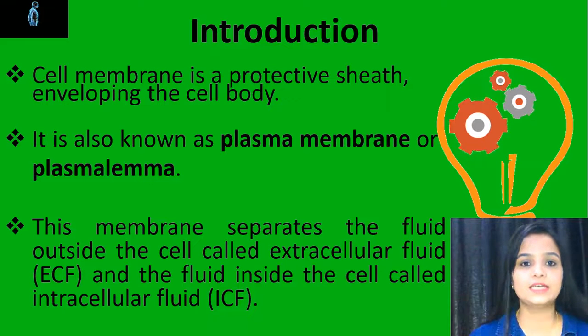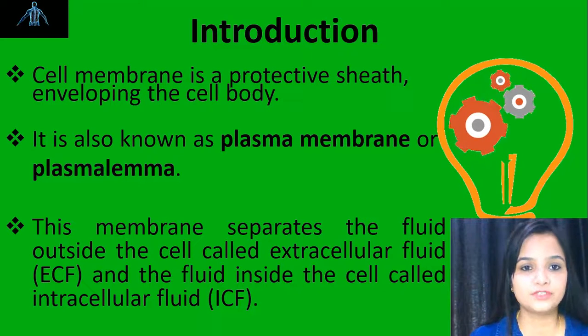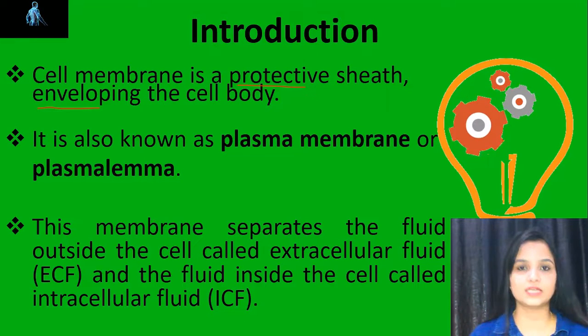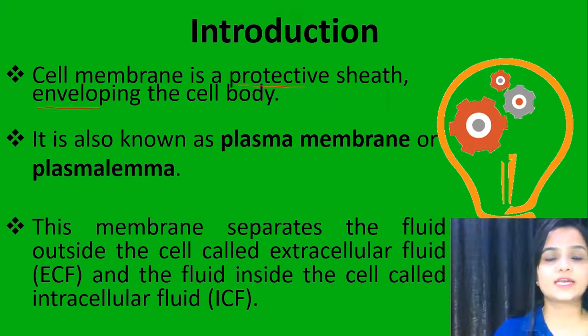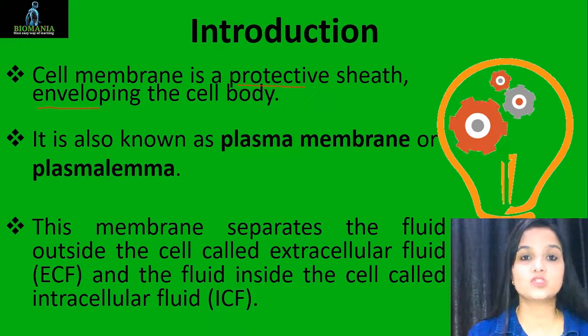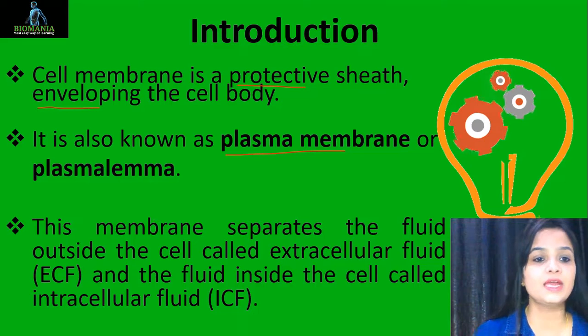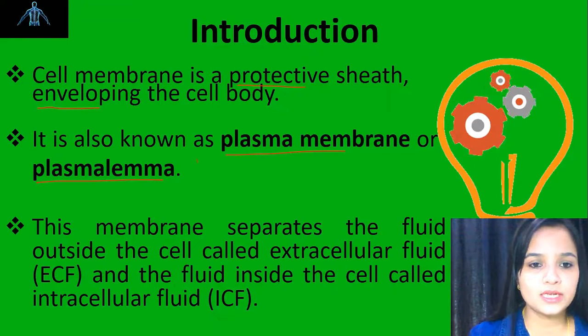It is a kind of protective sheath or cell envelope, you can say both. And what are the other names of the cell membrane? There are so many names of the cell membrane, just like plasma membrane, plasmalemma, and a few others call it biomembrane also.